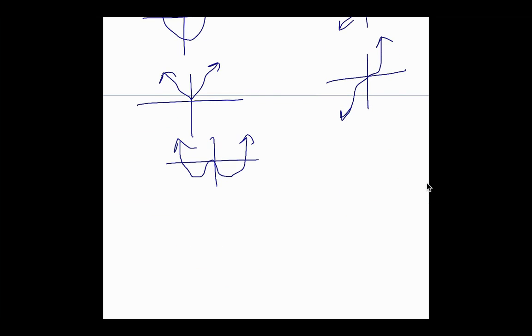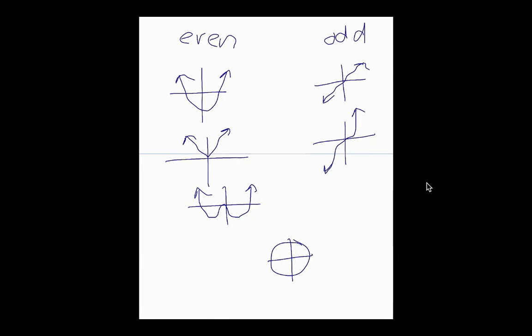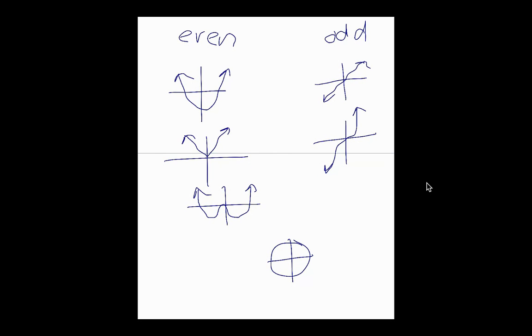And then we have some things that would be both, like a circle situated on a plane, which would be both even and odd. But basically, even has reflectional symmetry, if you remember that from geometry, and odd is going to have rotational symmetry.